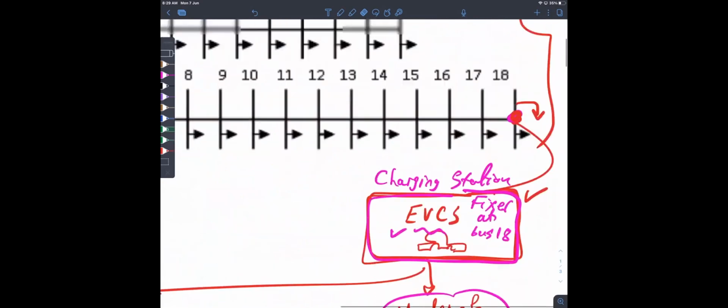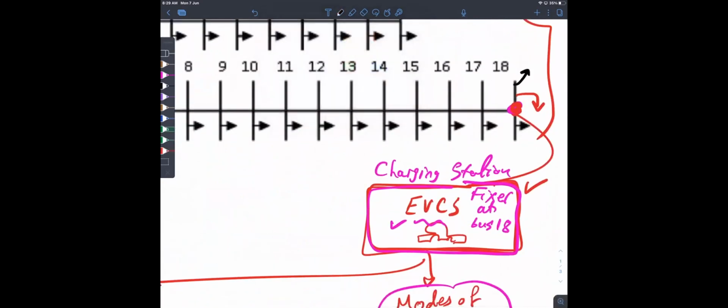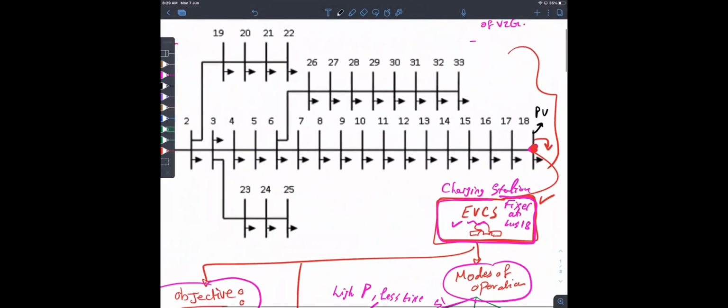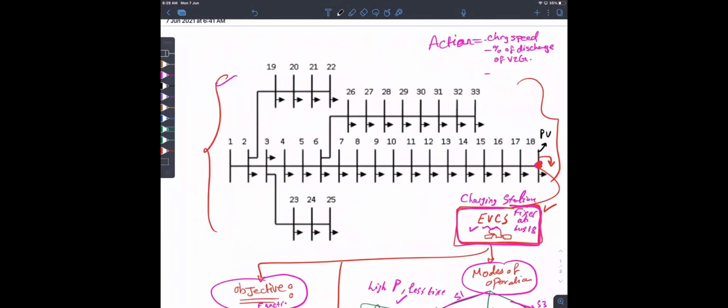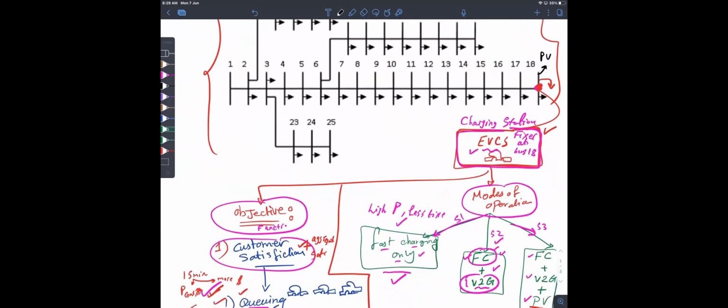I'll tell you. The PV will also be connected here. It will be next to the station, so it will not be in just any place.